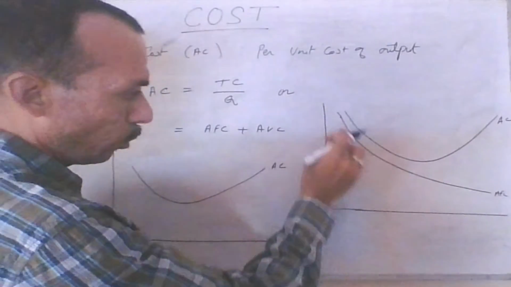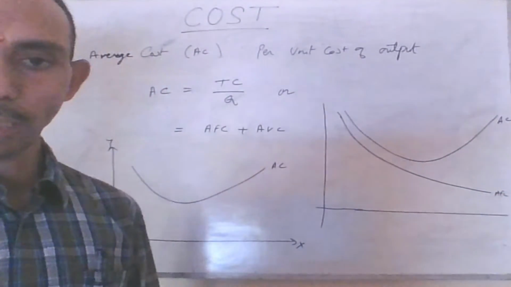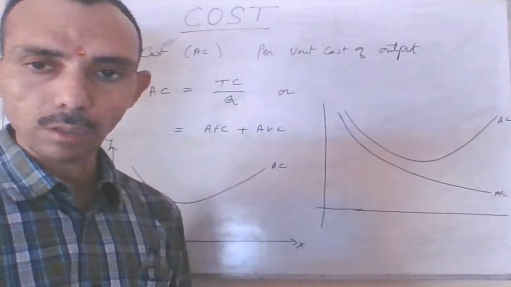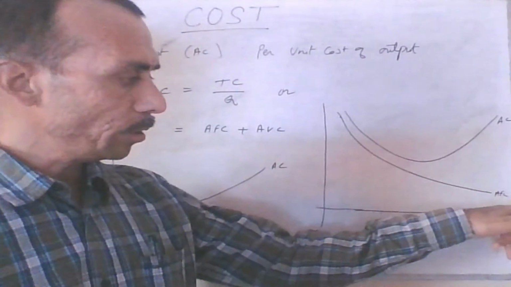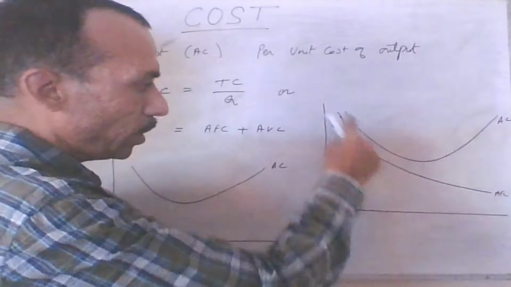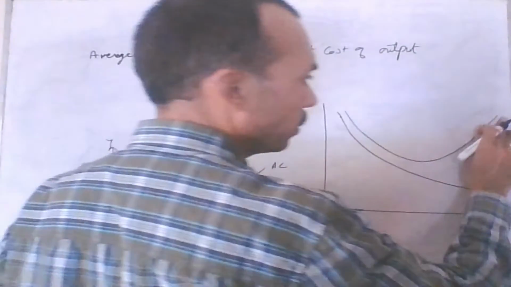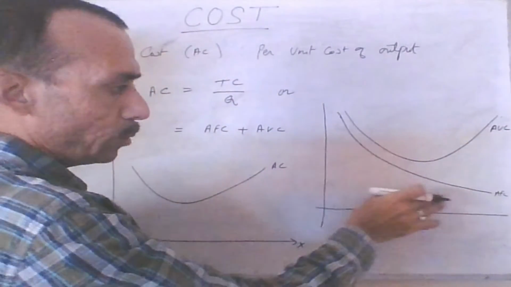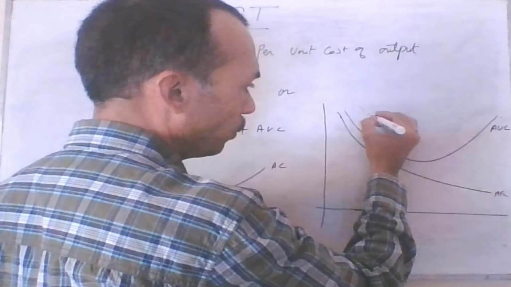Initially, both AFC and AVC fall. AFC continuously falls as output increases, because total fixed cost is always some fixed amount in the short run. AVC initially falls, reaches a lowest point, then starts to rise due to the law of variable proportion. So AC is the summation of AFC and AVC.